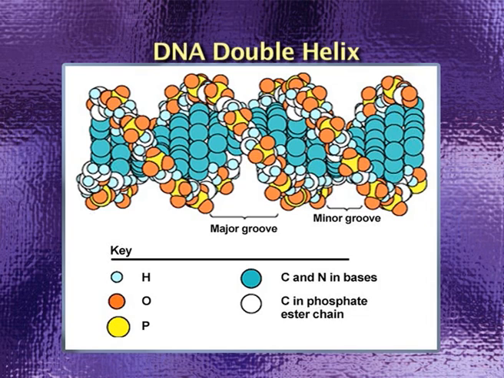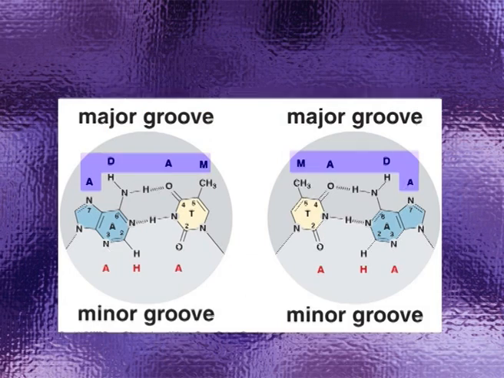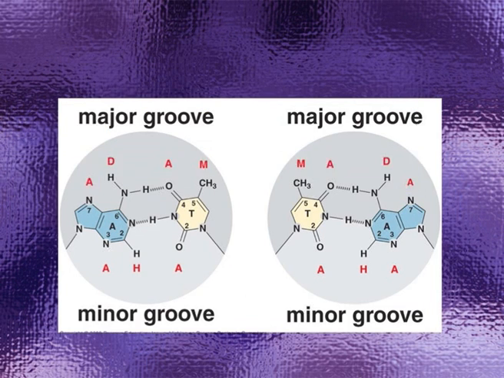Now, it is seen that generally DNA binding proteins bind to the major groove. Why? Because the major groove is richer in chemical information than the minor groove.